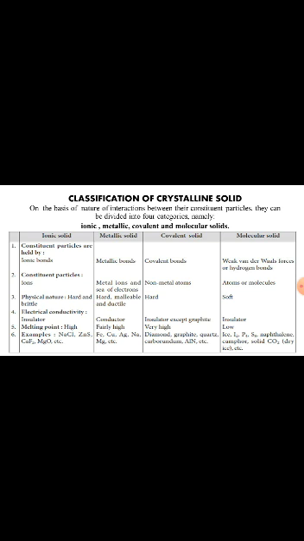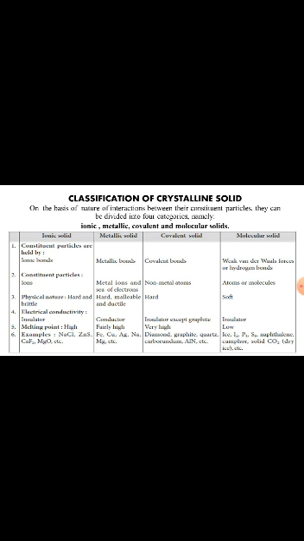Melting point is fairly high. Examples are all the metals of D block, F block, S block and so on. Some common examples: copper, silver, gold, iron, Mg. These are some examples given here.